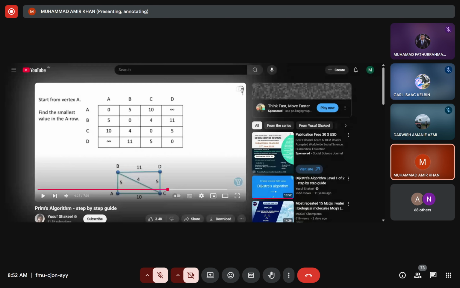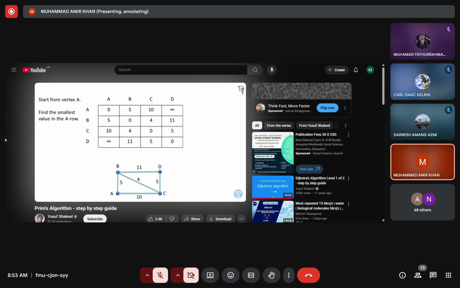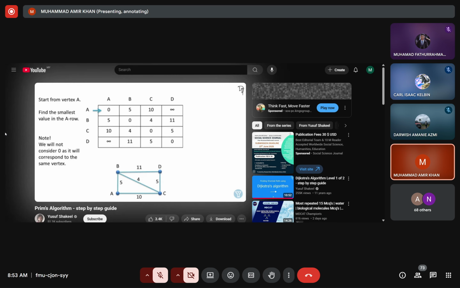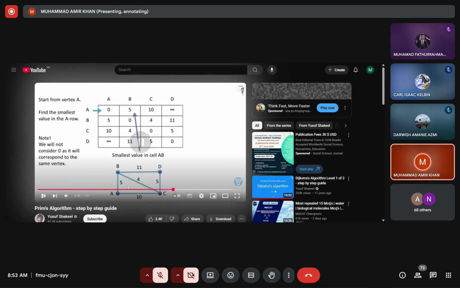Smallest value in row A. We will not count 0, as it corresponds to the same vertex. So the smallest is 5. So the smallest value is in cell AB, which is 5.